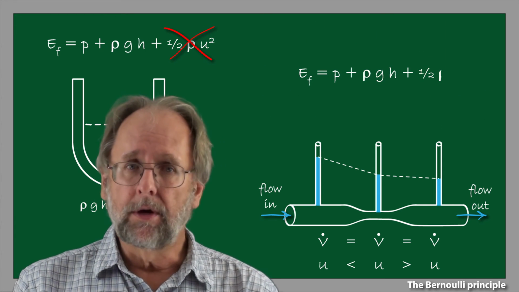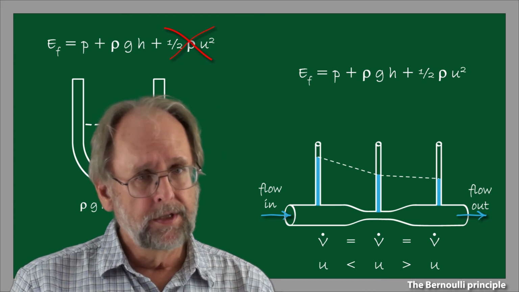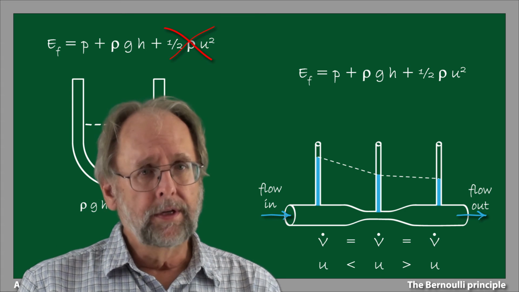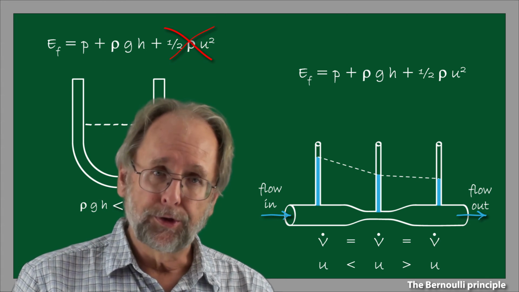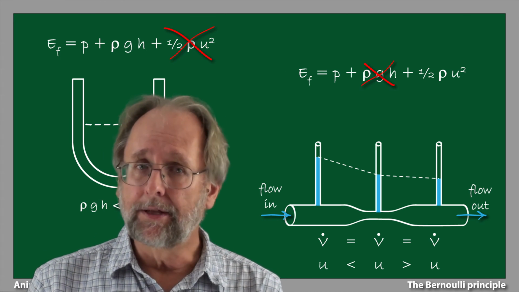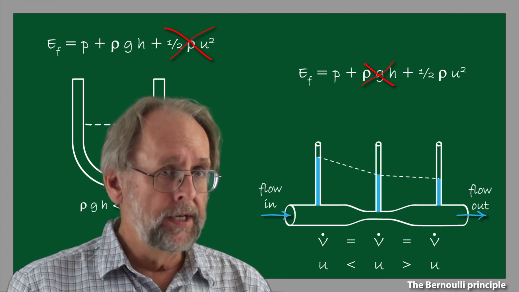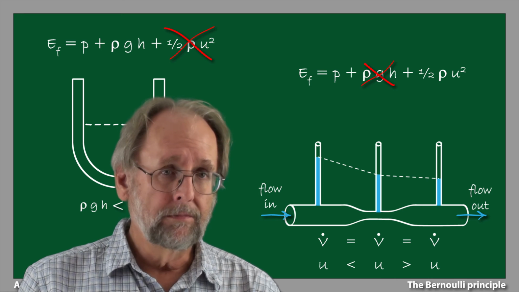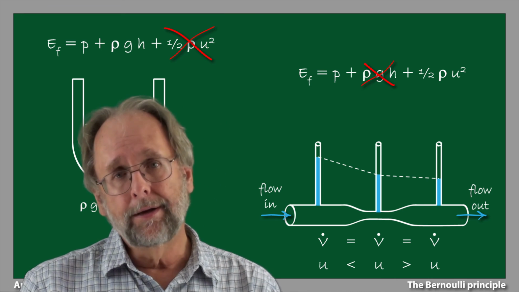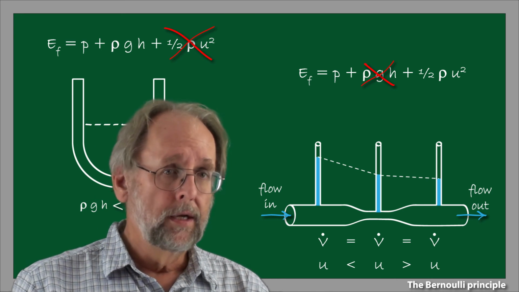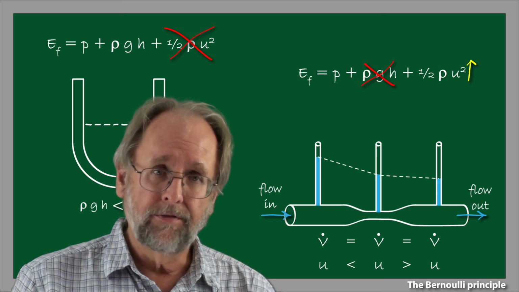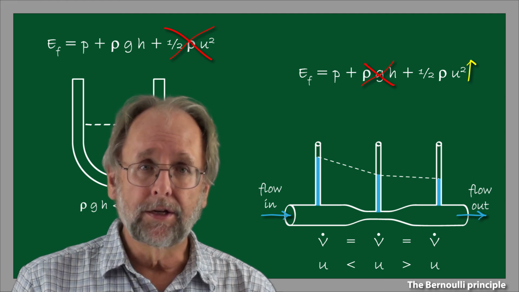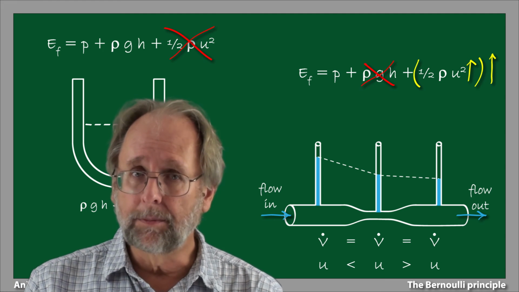Fortunately, Bernoulli's law has the answer. First, let's simplify things a bit again. Because the fluid is flowing horizontally, we can now treat gravitational potential as negligible. Total energy now is the sum of the pressure and kinetic energy density. Comparing flow in the narrow section of the tube with elsewhere, we see that velocity there is faster, and this has the effect of increasing the amount of energy in the kinetic energy term.